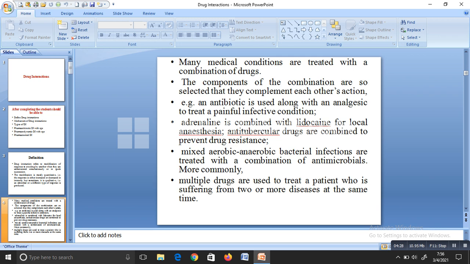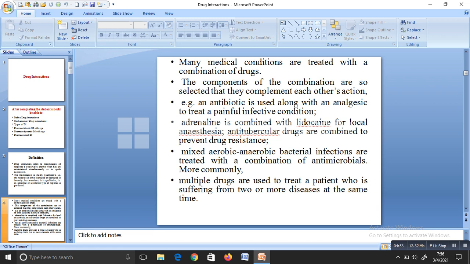The antibiotic will treat the infection and the analgesic will treat the painful condition. So one effect is complemented by another. We select the combination in such a way that one complements the action of the other drug. An example is antibiotic with analgesics.